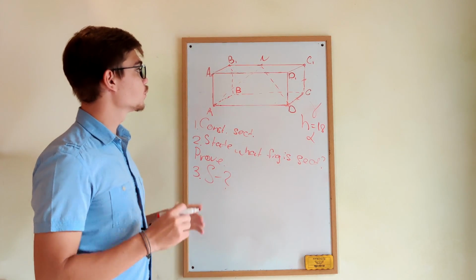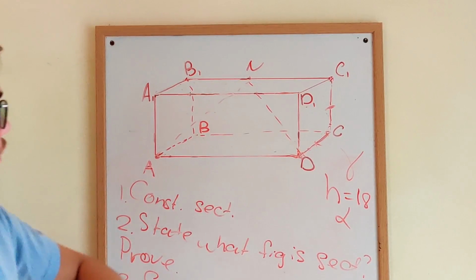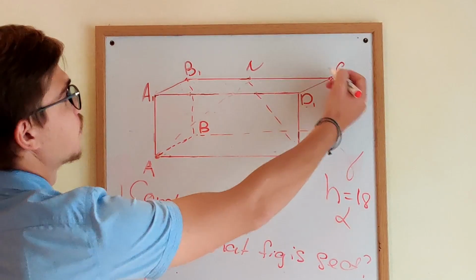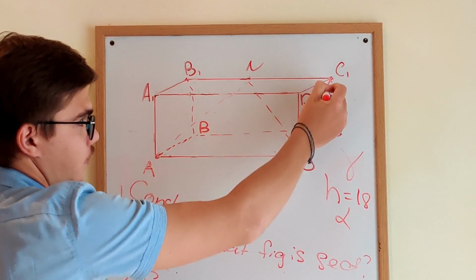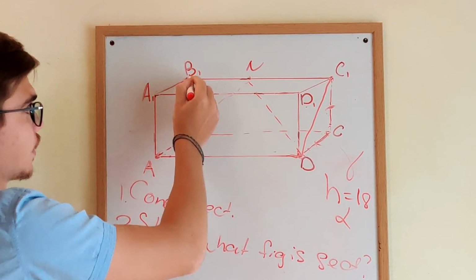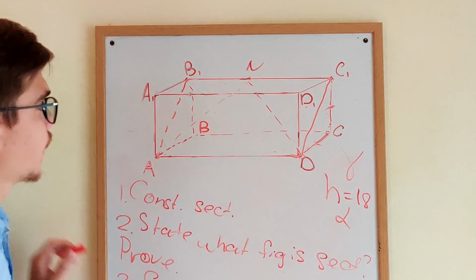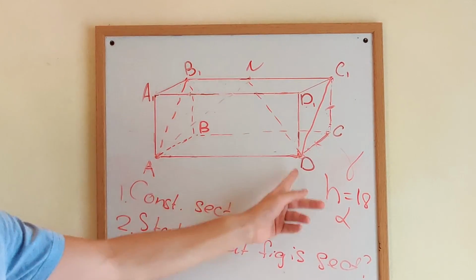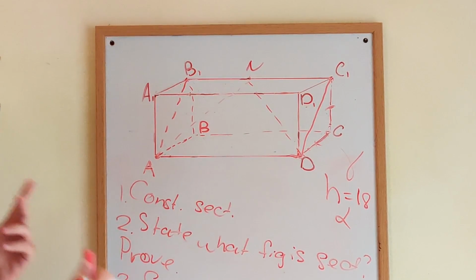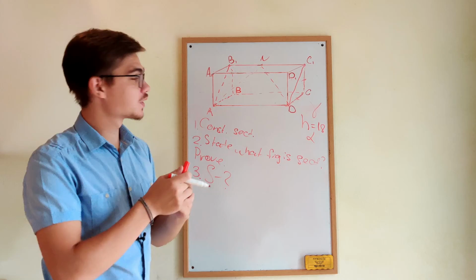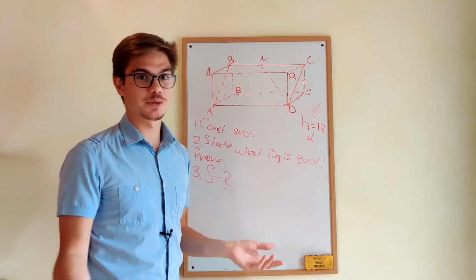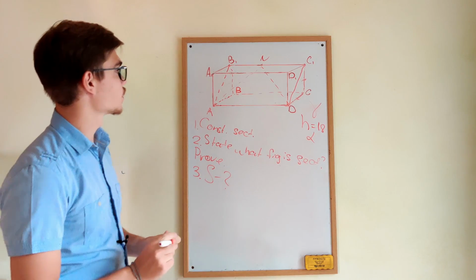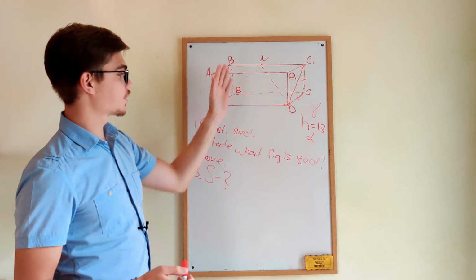But if you look closely, if you pass a plane through these 3 points, in fact it must go through points C1 and B1. And then, if you connect the 4 points C1, D, A, B1, you get a rectangle, not a triangle. And this is the right section. But you see, it was on purpose given that 3 points lie on this section. So everybody just connected them and said that it was a triangle. But this is actually a rectangle.